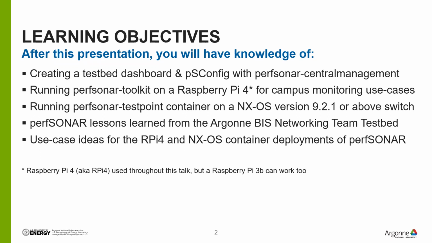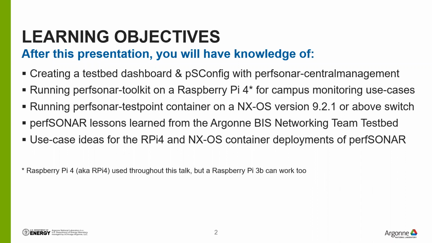It just looks really nice. It gives you a big value add, being able to see everything with all of those green check boxes. And the even bigger value add is with psconfig. You can just have one central config to rule them all. You don't have to go to every single node in your campus and do a handcrafted artisan config. You really want just one config that you can push everywhere, and not have to deal with the manual labor of setting up all the tests between all the different nodes.